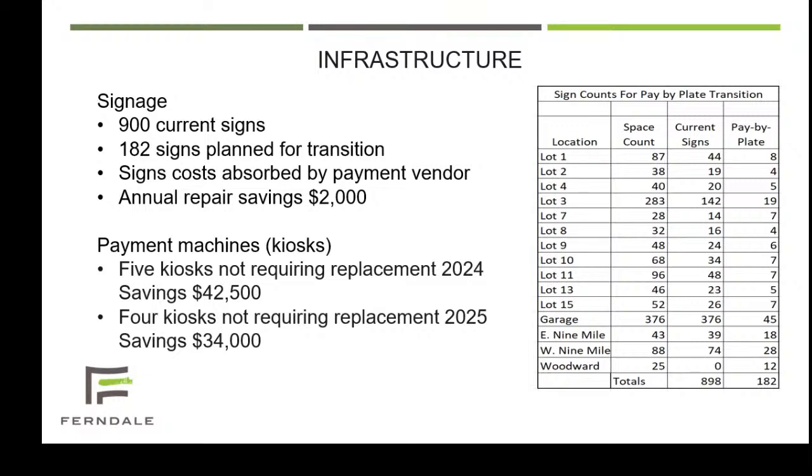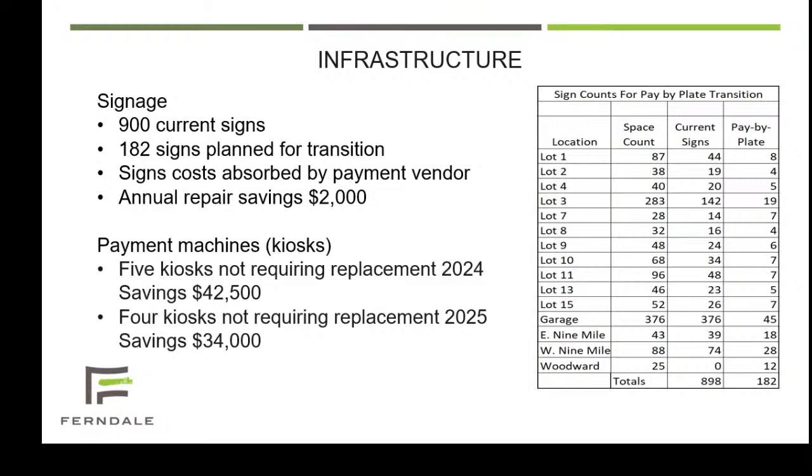So, one of the discussions that we'll be having over the next month or 2 months is replacing the kiosks. 40 out of 49 of them are at end of life.